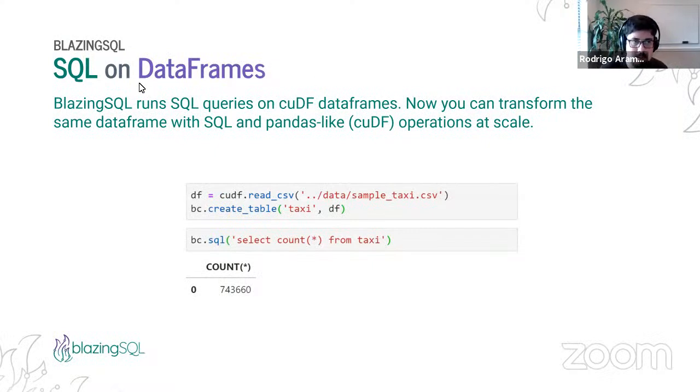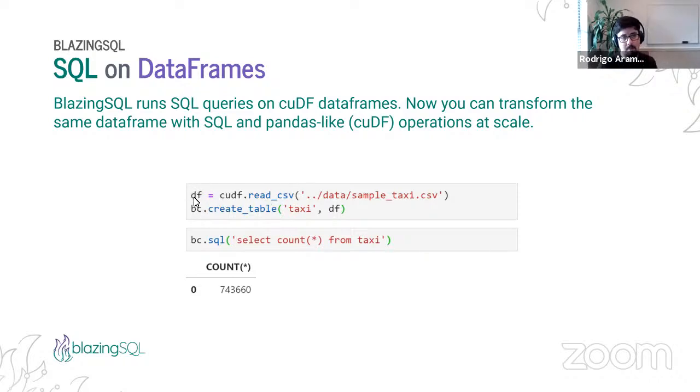The simplest way to think about Blazing SQL is that it's an engine that does SQL on data frames. For anyone familiar with pandas and pandas data frames, this code should look very typical, where you read a CSV file into one of these data frames. Instead of pandas, we're using a library called cuDF, which is part of the RAPIDS ecosystem. And this is now a CSV file as a data frame inside GPU memory.